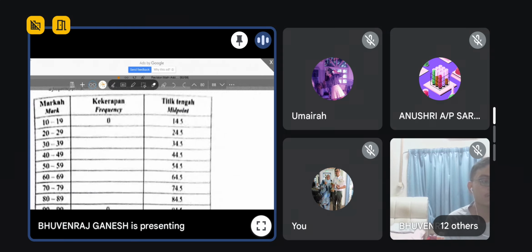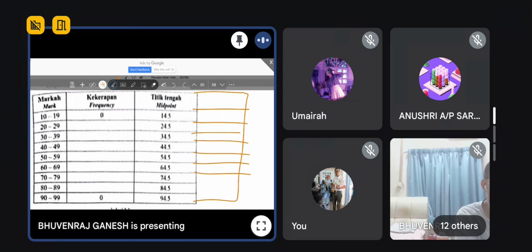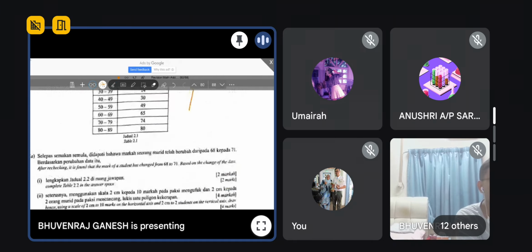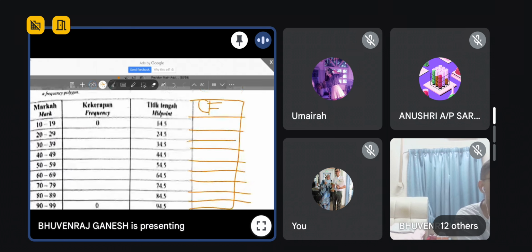Okay, so if you refer just now, mereka bagi kat kamu satu lagi column, which is your cumulative frequency, CF. So I help you fill in the values first. Based on the question, CF: 6, 14, 30, 49.